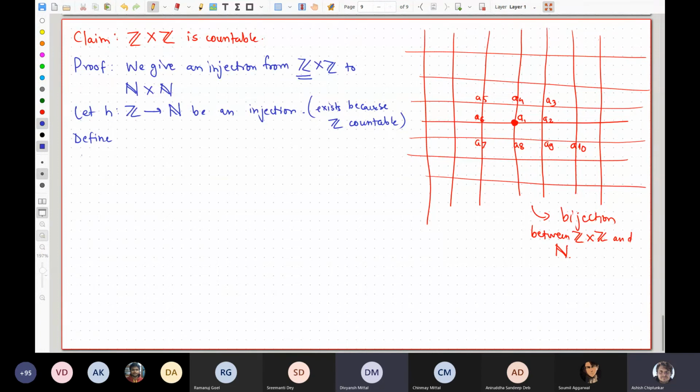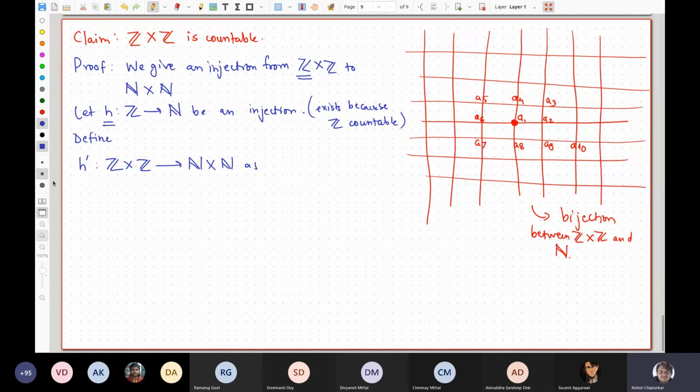One sec. This is okay. I'm assuming that you have constructed this injection. Using H, I want to define H prime going from Z cross Z to N cross N, and I want this H prime to be an injection.